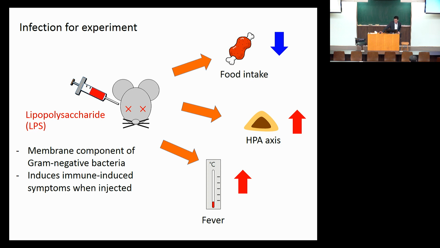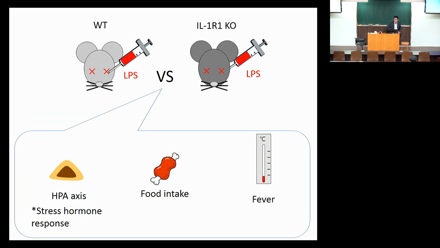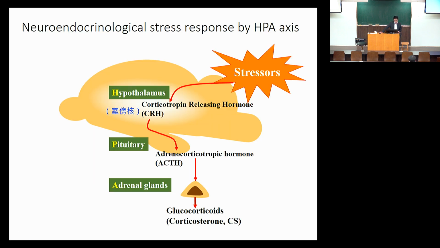It means you can induce fever, suppress food intake, or induce behavior and hormone disturbance in these mice. In this first experiment, I compared these responses between wild-type mice and interleukin-1 receptor 1 knockout mice. And then I measured hormones, food intake, and body temperature.